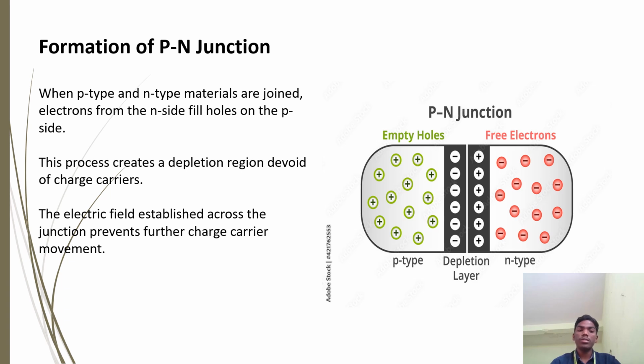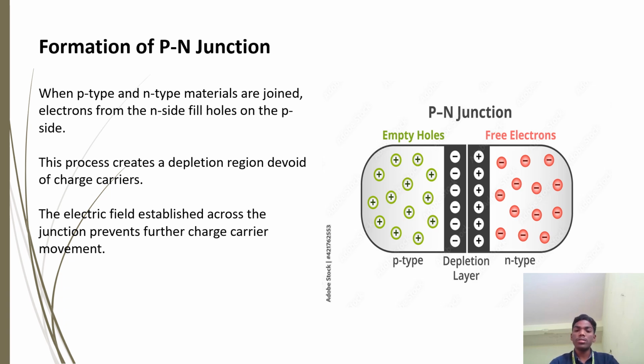The formation of a PN junction diode. When P-type and N-type materials are joined, electrons move from the N side to the P side. This process creates a depletion layer due to the charge carriers. The charges near the junction try to move towards the opposite particles so that they get neutralized.